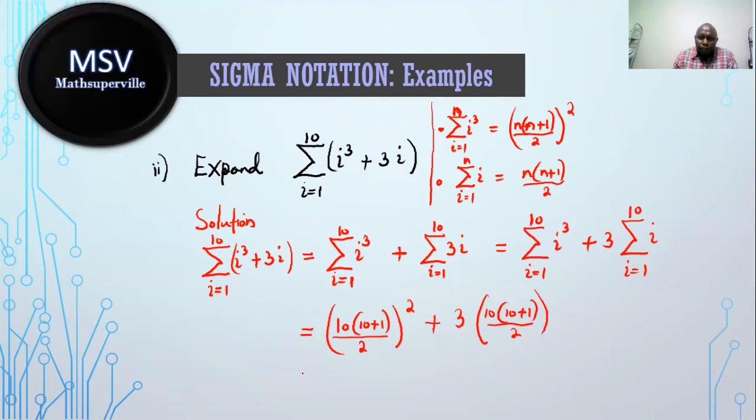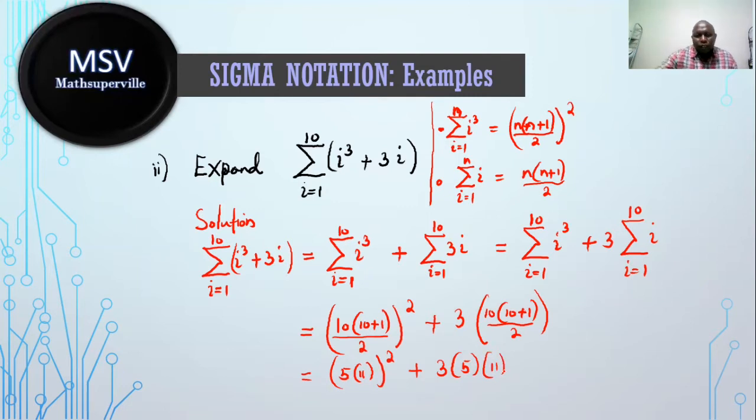So the next thing is to just simplify this. This is 5 times 11 squared plus 3 times 5 times 11.